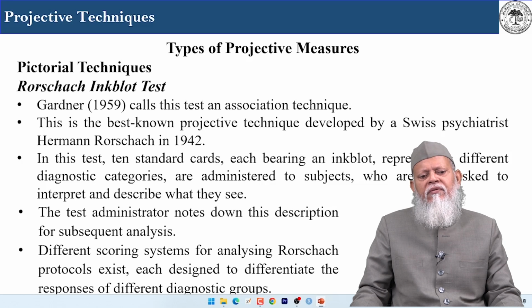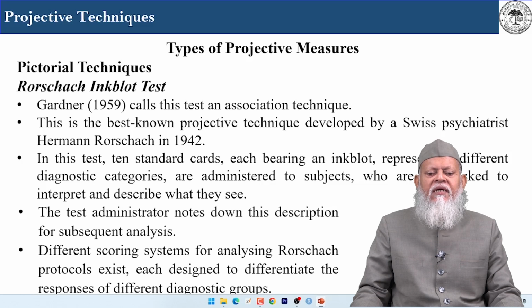So, to the respondent or to the patient, 10 standard cards, each bearing an ink blot representing different diagnostic categories, are administered, and then the patient is asked to interpret and describe what they see. The test administrator notes down this description for subsequent analysis.